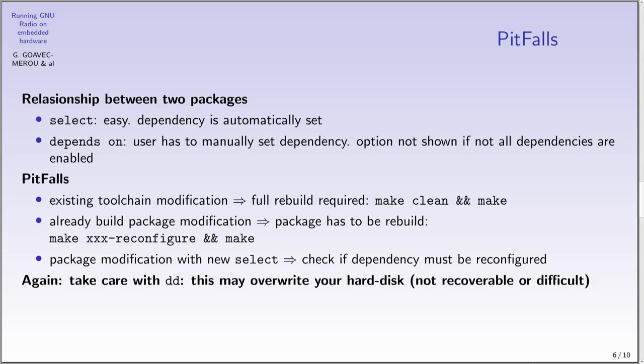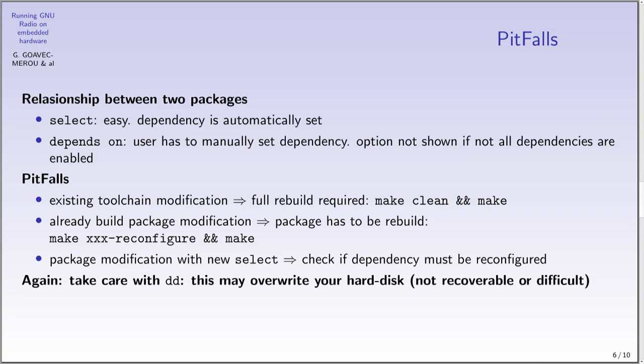One important thing to finish with the aspect of BuildRoot: first, I've talked about the relationship. There are two types of dependencies between packages. The first is select. It's the easiest to understand because a package, for example some module of GNURadio, depends on the FFTW library.